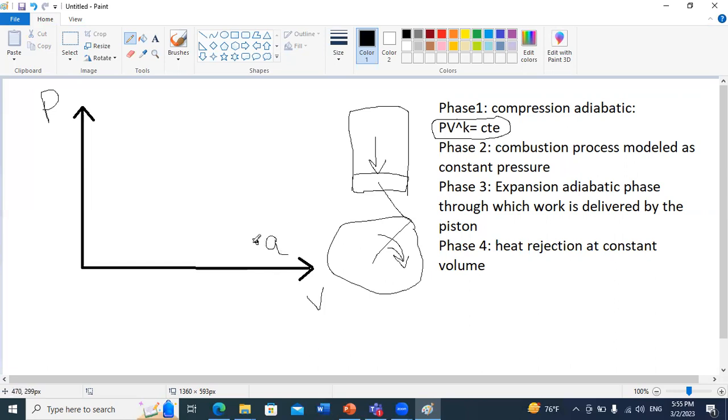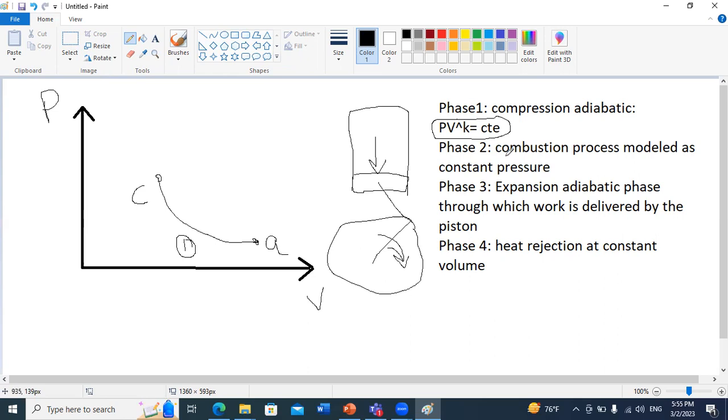Then we compress, so the volume will decrease and the pressure will increase. In combustion books, in general, we name this point C. I will use the conventional names, but you can select any names for these points. So this is phase one, the compression phase. This is how we can illustrate it.